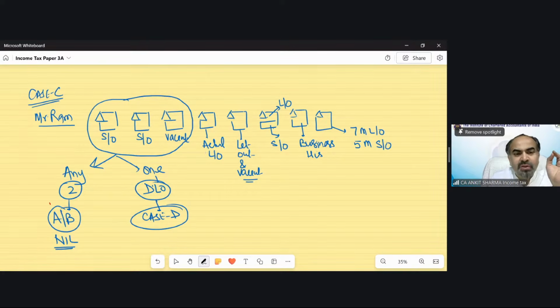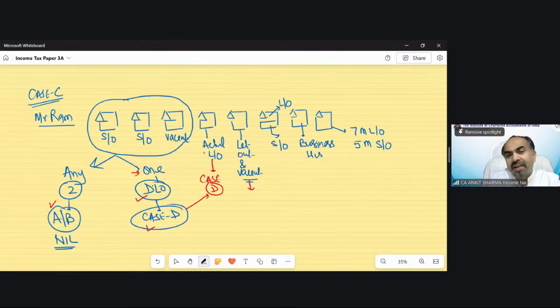Any two will be solved as per A and B, and of the three houses self-occupied or vacant, one is going to be treated as deemed let out, and the solution will tell you as per case number D. Actual let out also is going to be solved as per case number D. So D has all deemed let out cases and actual let out cases.